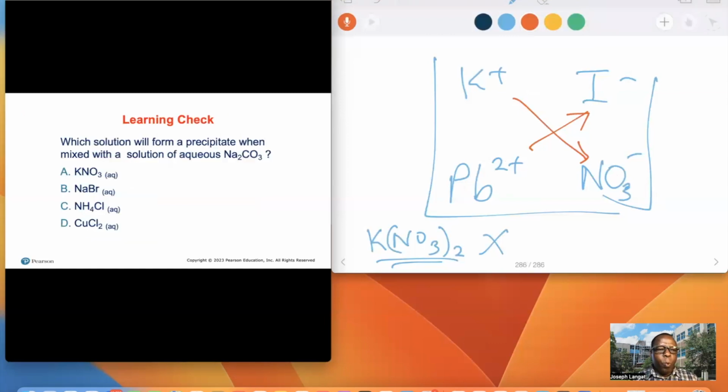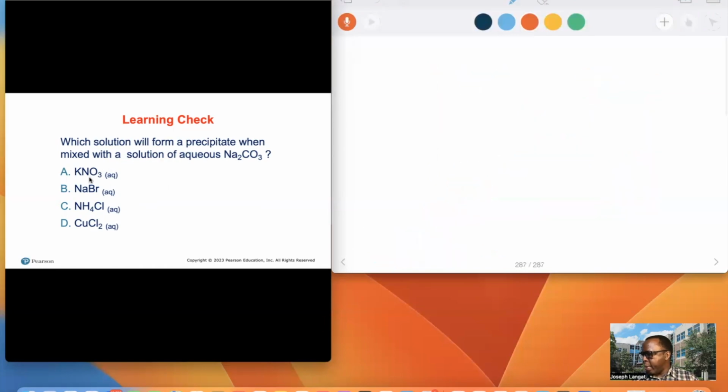Let's see, learning check: which solution will form a precipitate when mixed with a solution of aqueous sodium carbonate? For all these, you have to look at the cation. Which cation are we talking about? The carbonate. So here is potassium carbonate, soluble. Sodium bromide, there is no reaction. Sodium and sodium will be just the same thing.